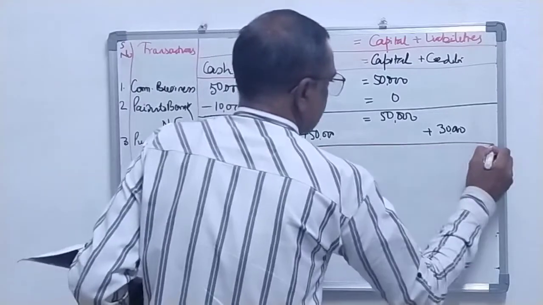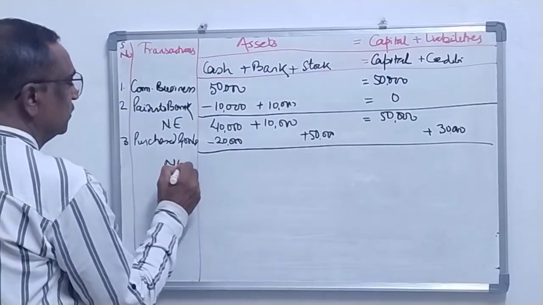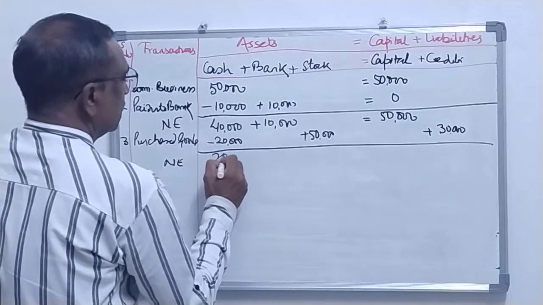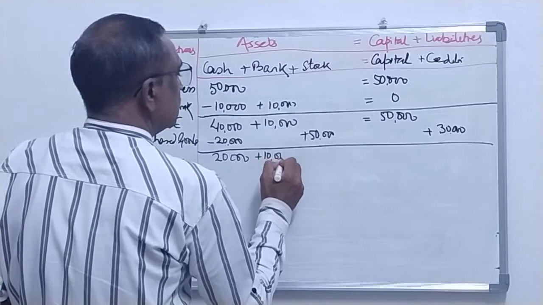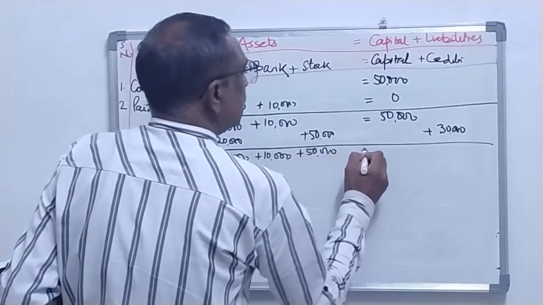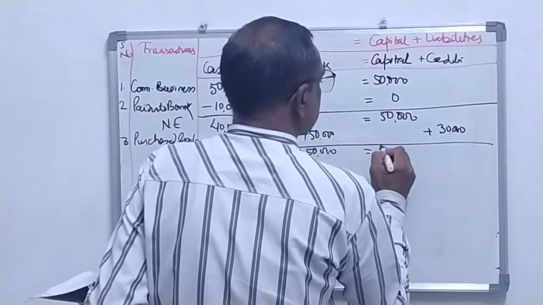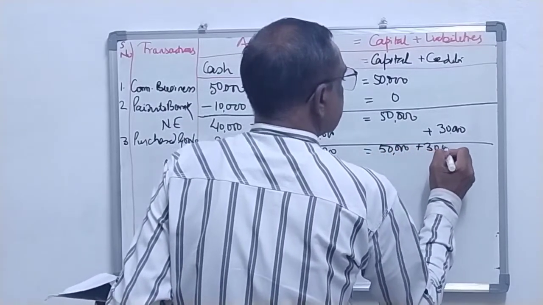Now, our new equation will be 20,000 plus 10,000 plus 50,000 equal to 50,000 plus 30,000.